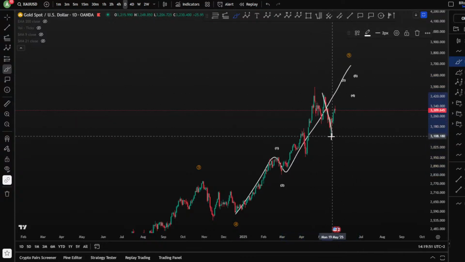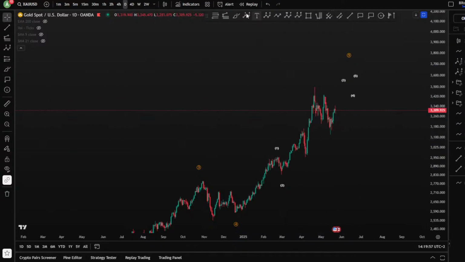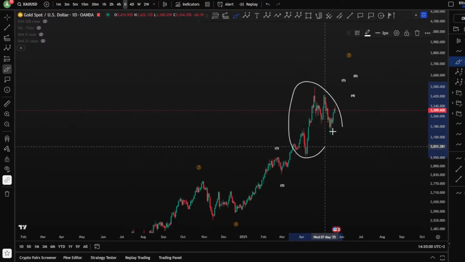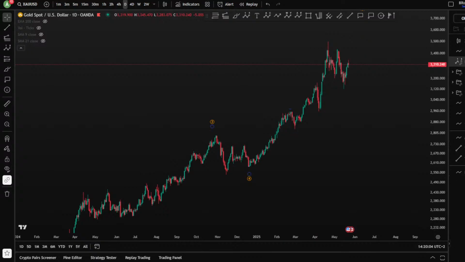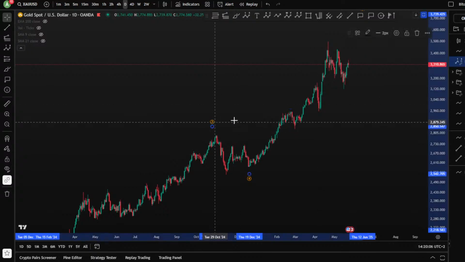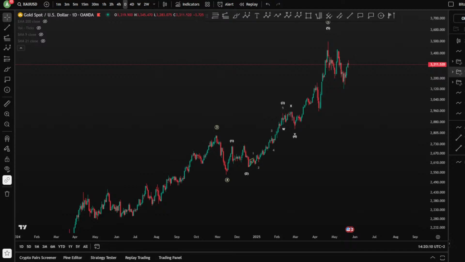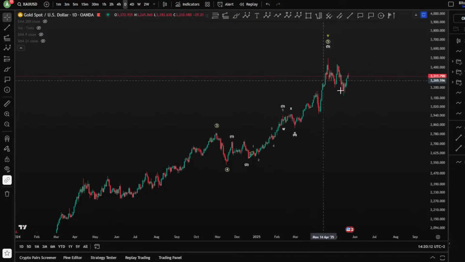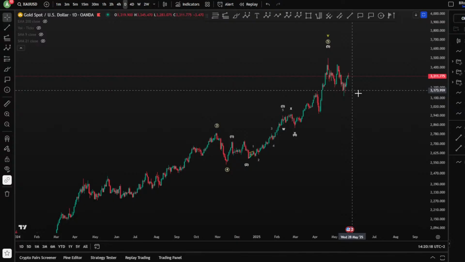The wave 4 interfered with zone 1, meaning the whole structure here can become corrective, and that means, of course, this is a wrong count. That's simple. We got the answer. So that means the previous count is still the much more valid one. So we have to be careful, guys. We still potentially are looking for lower.